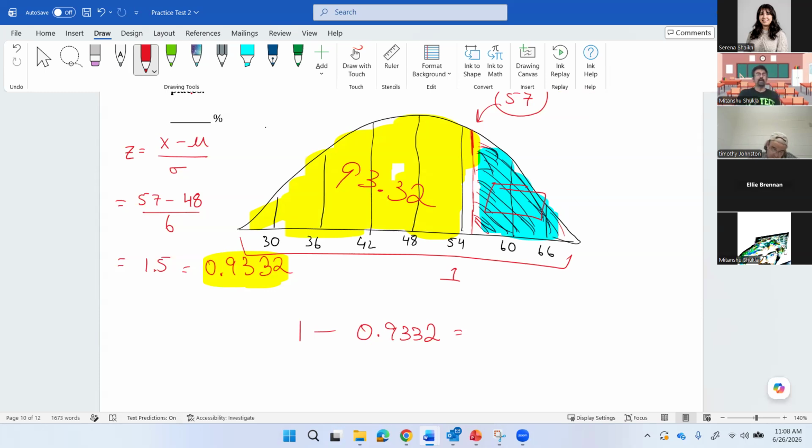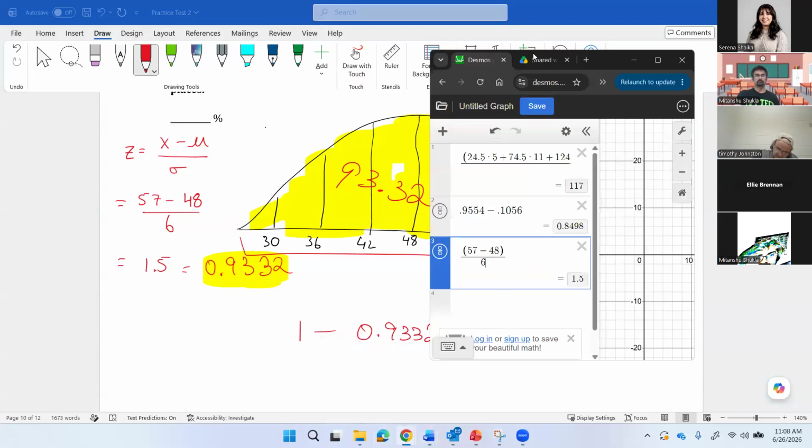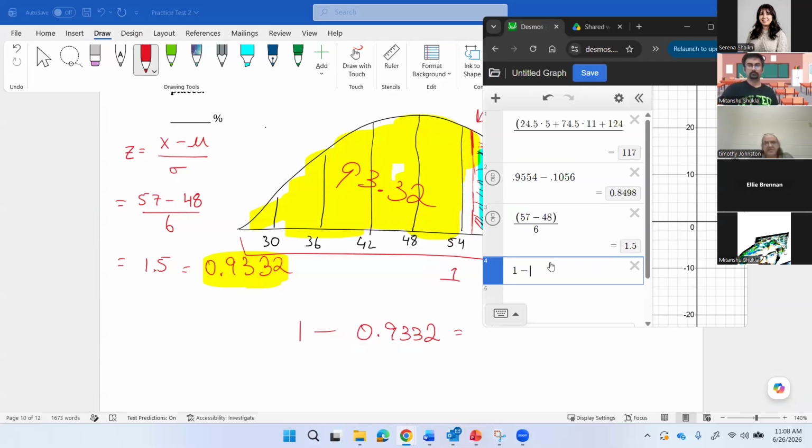So if it's a decimal, do 1 minus the area. If you changed it to a percentage, do 100 minus your percentage. And what do we get? 6.68.